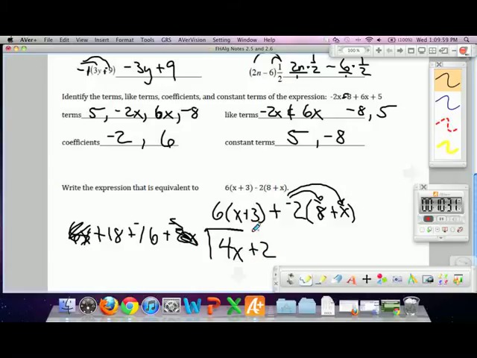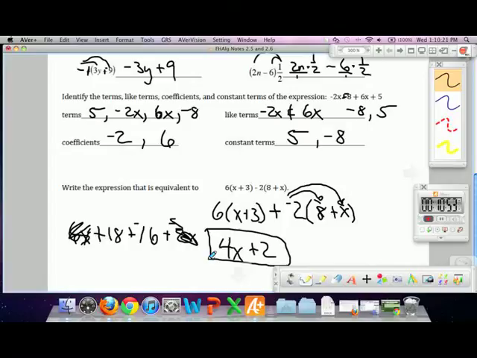You distribute these first, and then I crossed them out so I didn't try to add them a second time. We distribute it here. What's -2 times 8? -2 times x. I crossed them out to stay organized.